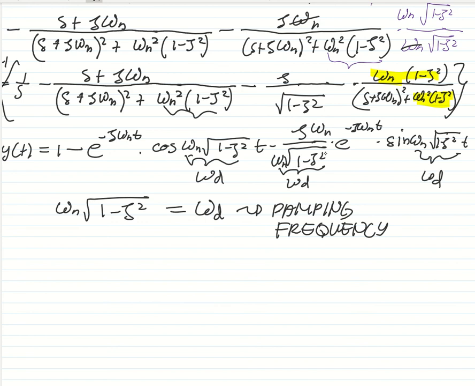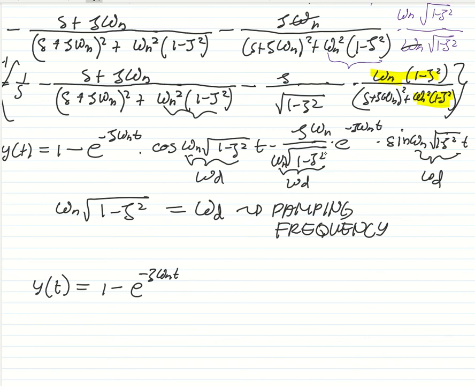So the final time response, or the step response of a second order system, will be 1 minus, we can factor out that e to the minus zeta omega n t.